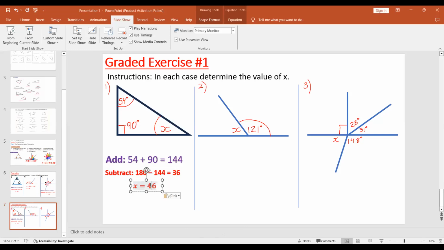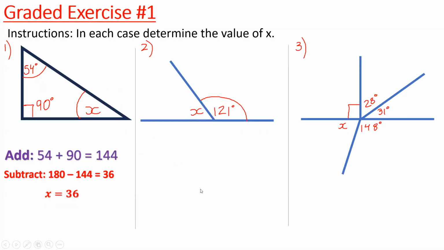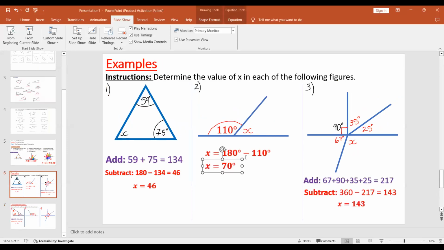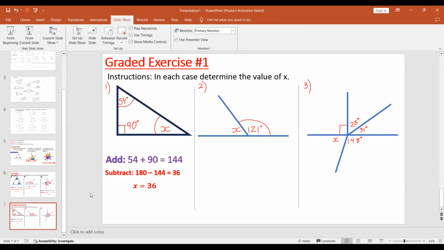All right, and Reagan, help me with number 2. How are we going to get number 2? Okay, Mr. Petit, for number 2, to find x you will subtract 121 from 180. The reason you're using 180 is because all angles on a straight line at a common point add up to 180 degrees. Very good.